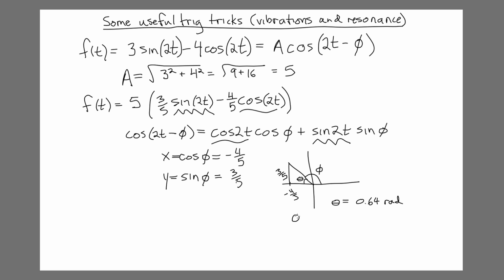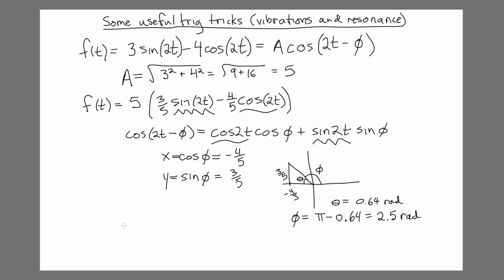So phi will just be equal to pi minus 0.64. And we could give a decimal value for that, which is 2.5 radians.